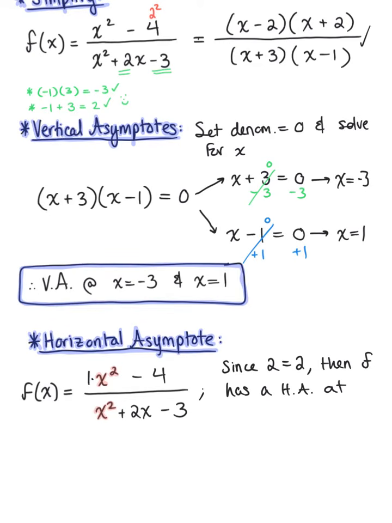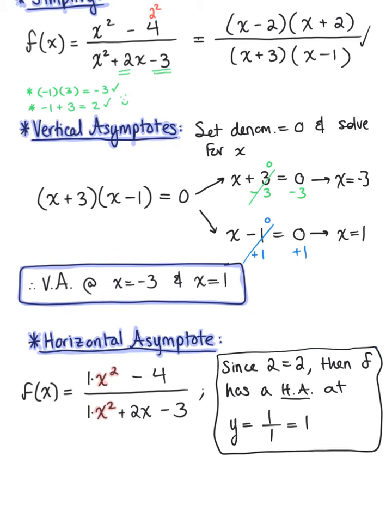Same thing with the denominator. So the horizontal asymptote is at y equal to 1 over 1, which simplifies to 1. Woohoo! So this is our horizontal asymptote for this rational function.